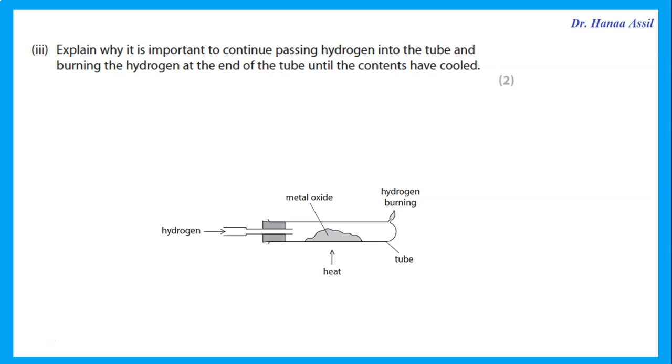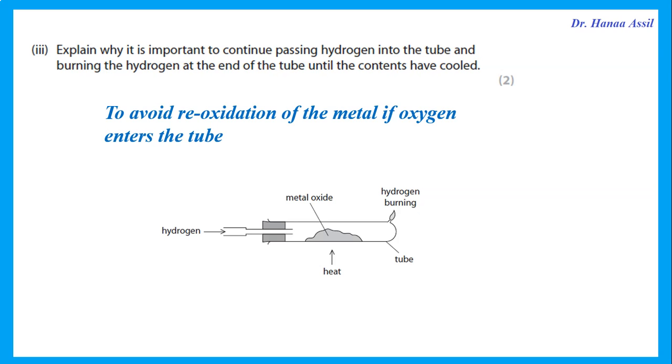Explain why it is important to continue passing hydrogen into the tube and burning the hydrogen at the end of the tube until the contents have cooled down. Now, what are we doing? We're trying to change the metal oxide to metal. If I just stop everything and leave it, then the metal might go back and become oxidized.